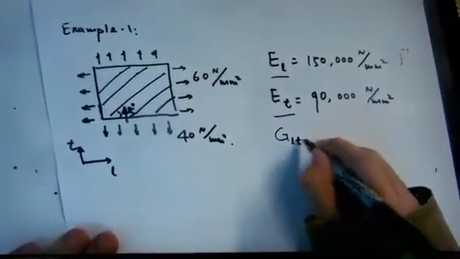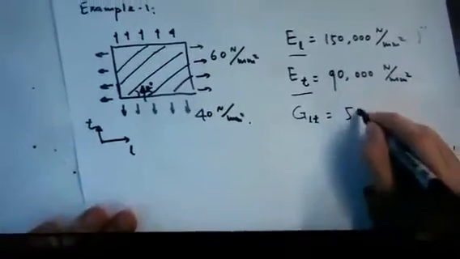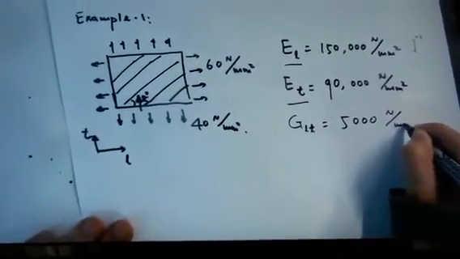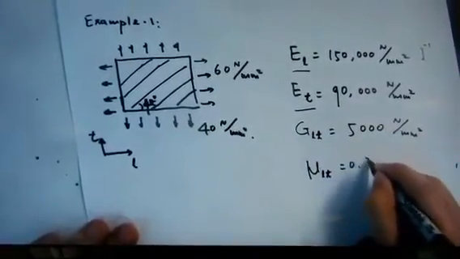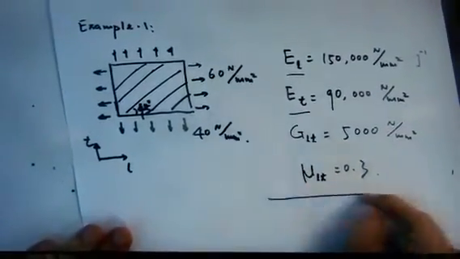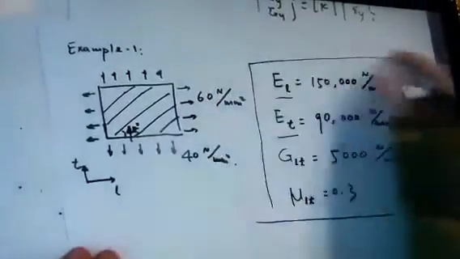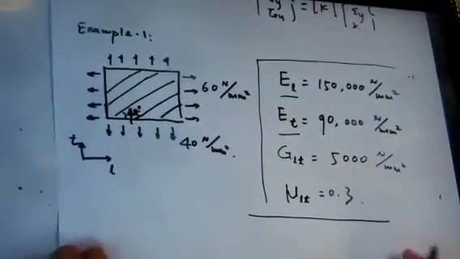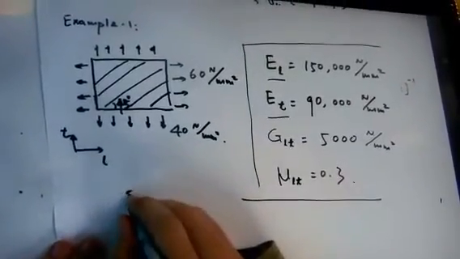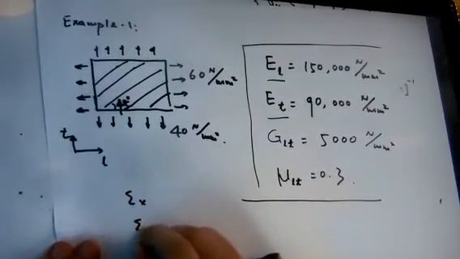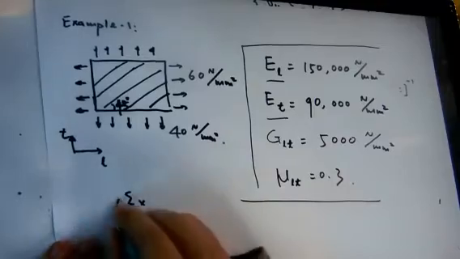And GLT equals 5,000. And nu LT is 0.23. So these are the given moduli and Poisson's ratio. I'm asking you to calculate epsilon x, epsilon y, and gamma xy.